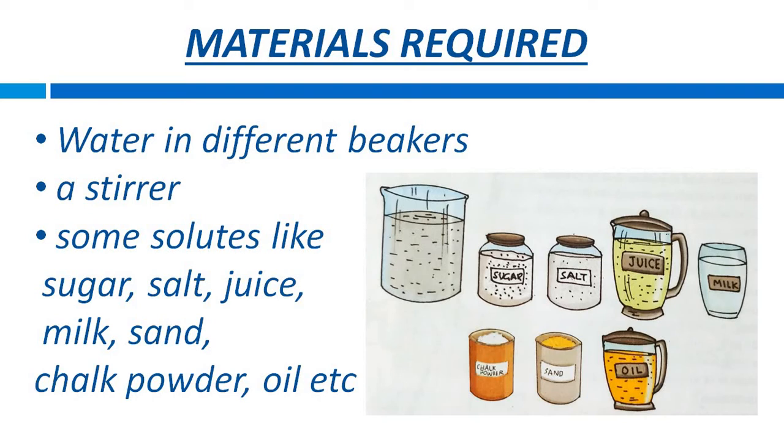You need a stirrer, or in place of a stirrer, you can use a spoon. You need some solutes like sugar, salt, juice, milk, chalk powder, oil, etc. So children, these all things are easily available at your home. See the procedure and try to do this experiment.